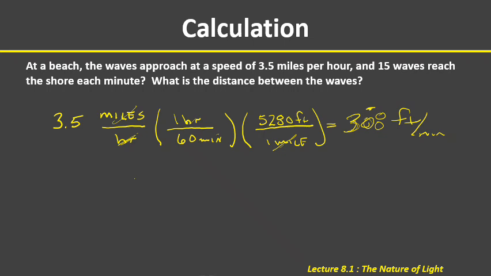Now we determined a little bit ago that to calculate the wavelength, or the distance between the waves, this is going to be c, the speed, over the frequency. So let's do that, and let's be really certain to include our units here.